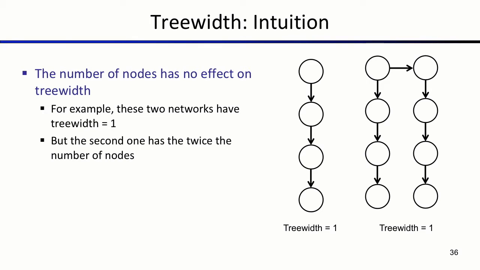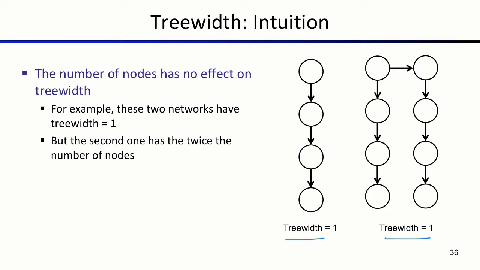Here we have two networks. The left one has half the number of variables of the right one, but both of them have tree width equal to 1. So this is a first interesting observation: the difficulty imposed by the network doesn't come from the number of nodes, it comes from something else.